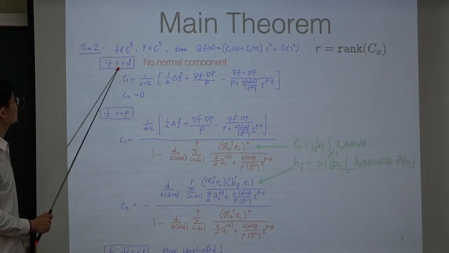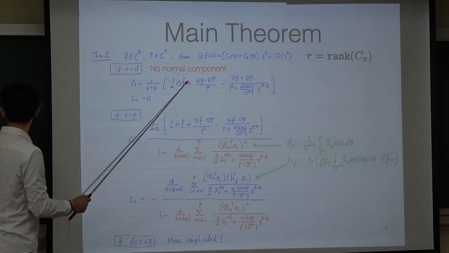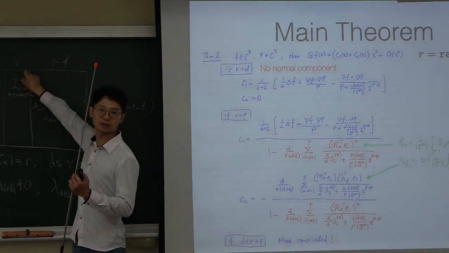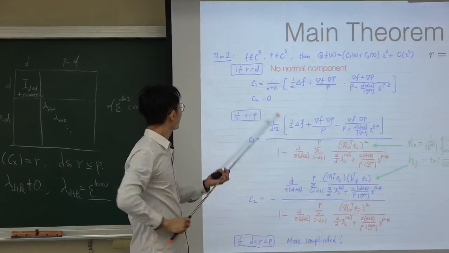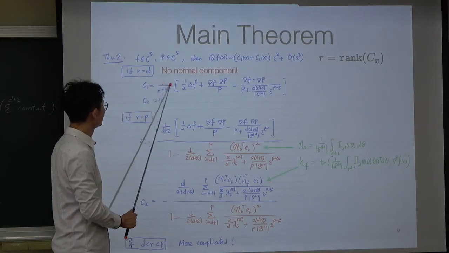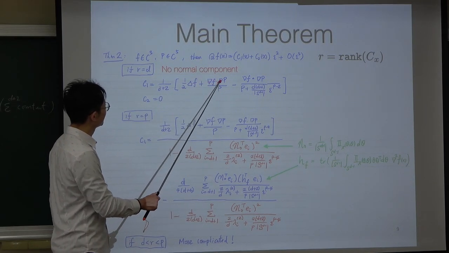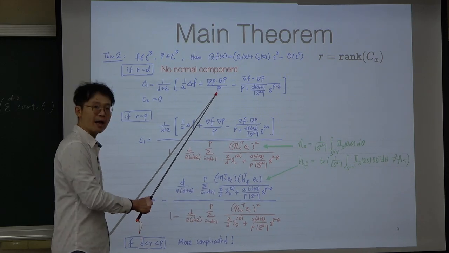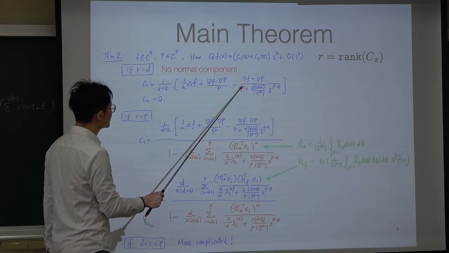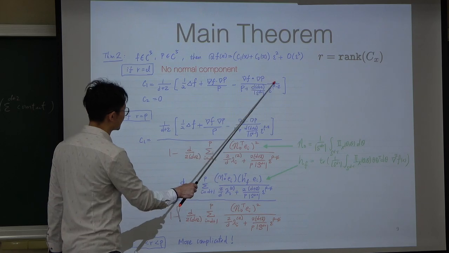The result is, suppose R is D. Really, there is no normal component. Everything only lives in the tangent space. Then you get C1 is 1 over D plus 2 constant, and you get the Laplace Beltrami operator, and you get nabla F, nabla P divided by P, plus some correction.